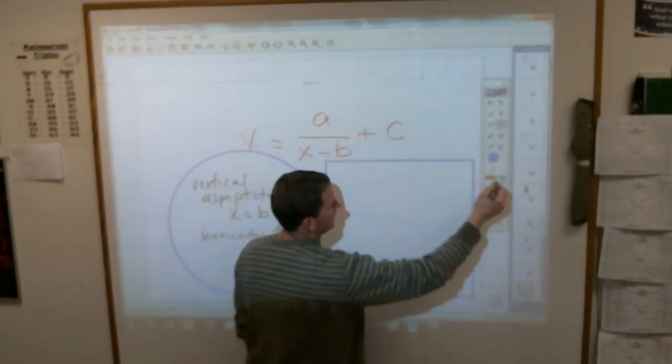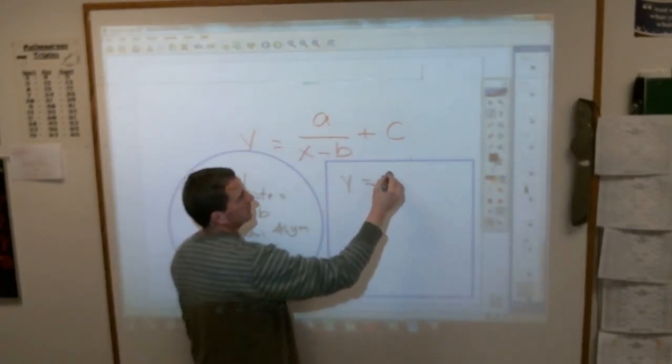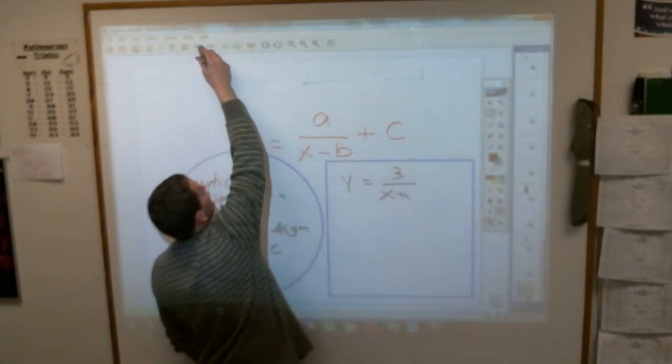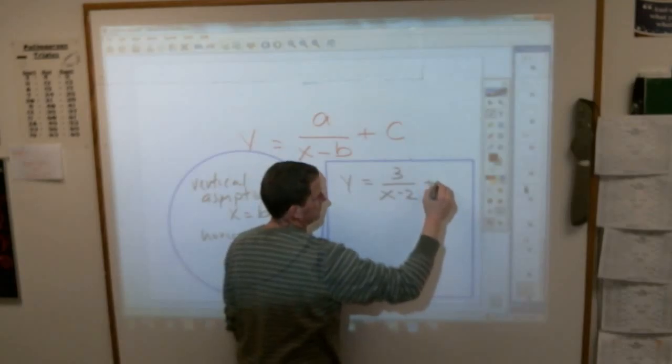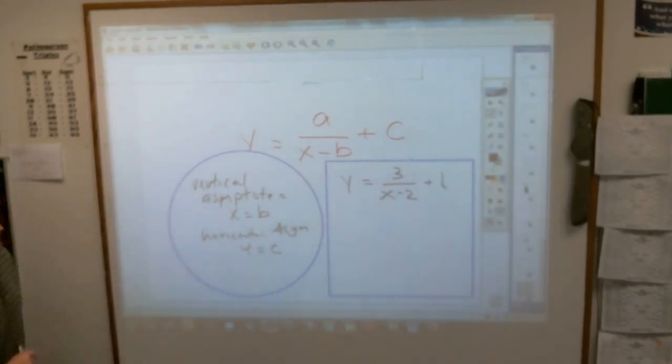You'll like this. Let me give you an equation. Let's say y equals 3 over x minus 2, plus 1. Got that? See the a, b, and c numbers?